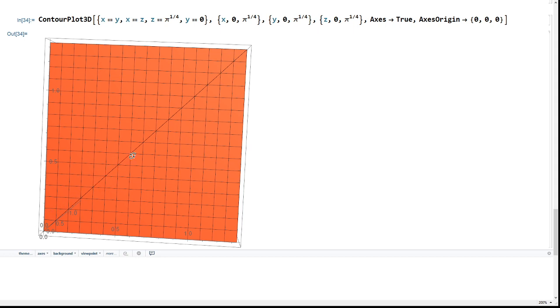Hopefully you can kind of see that in there. This is the top, and this is the side. So we get this upper right triangle here.